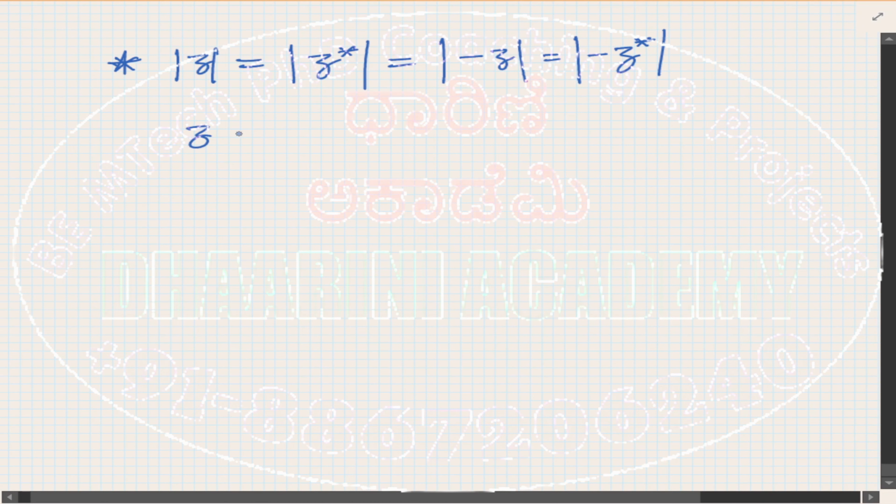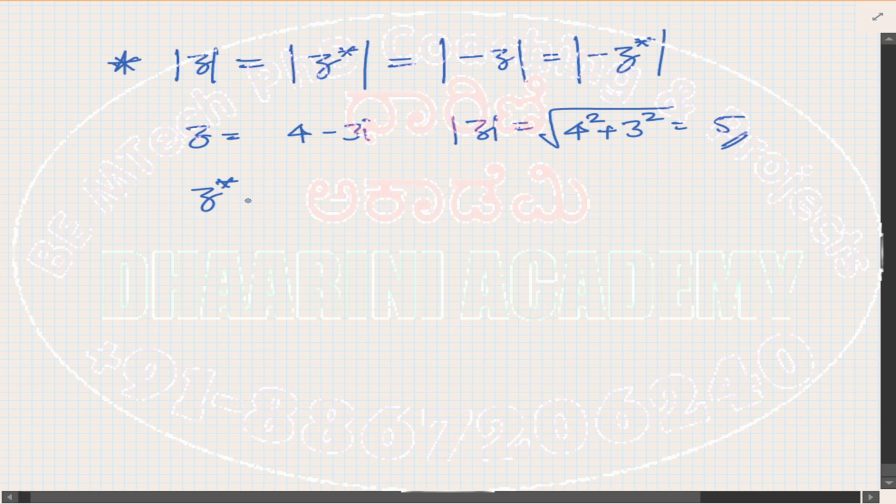Let us say z is equal to 4 minus 3i. Calculate its magnitude first, which is the root of 4 squared plus minus 3 squared. This is 5. Right. Now take the z conjugate. Z conjugate is 4 plus 3i. Now calculate the magnitude of this z conjugate.